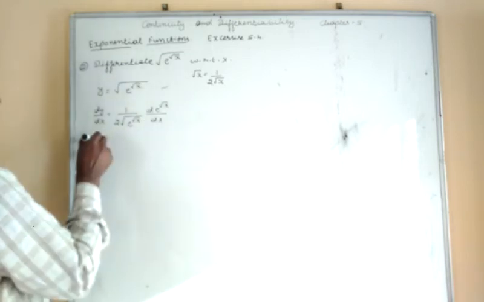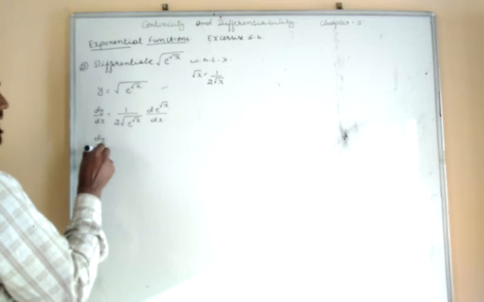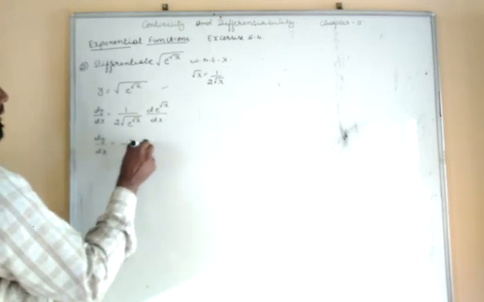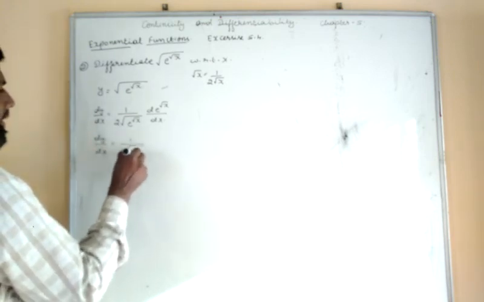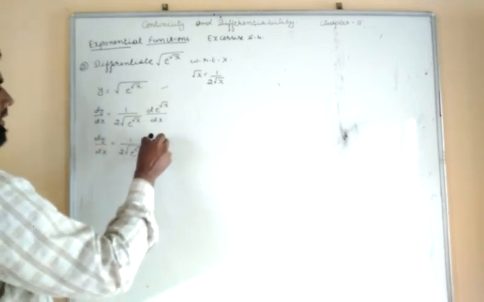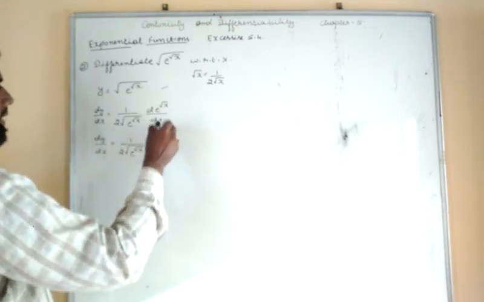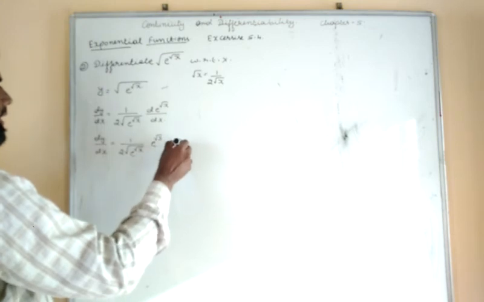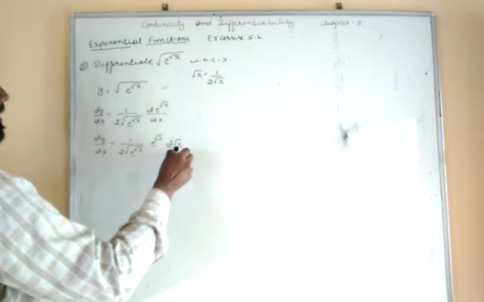So then dy by dx is equal to 1 by 2 root of e to the power of root x. Again e to the power of x differentiation is e to the power of x. In the place of x there is root x. Again differentiation of root x.